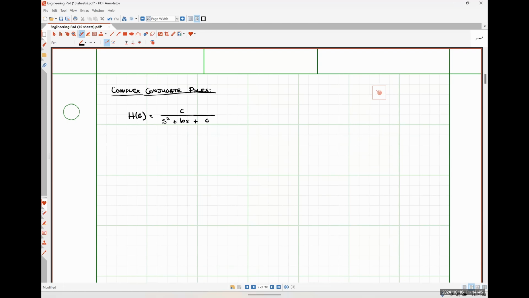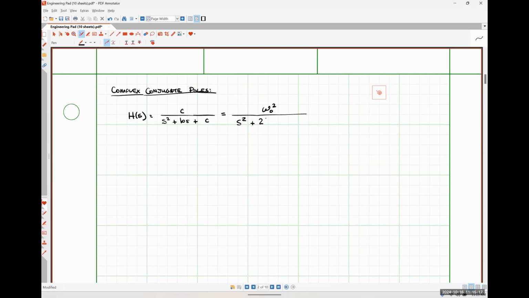We could put this in the form omega naught squared divided by s squared plus twice, and I'm going to pre-apologize, I am attempting to write the Greek letter lowercase zeta. It's going to look like a squiggle, okay? But that's what I'm trying to do, the Greek letter lowercase zeta, okay?